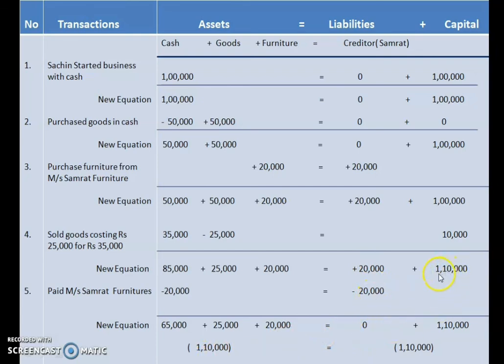Then in capital we have 1,10,000, that we will bring down. So if we add these two, we will get 1,10,000. That means our asset side is 1,10,000 and our liability plus capital side is 1,10,000. So our equation has tallied with the same amount. So this is how you have to solve this problem.